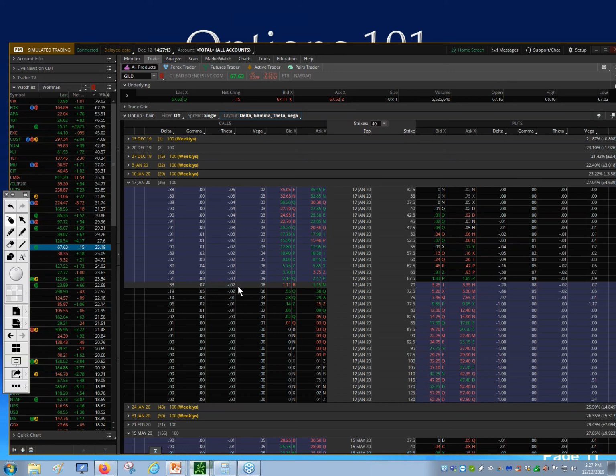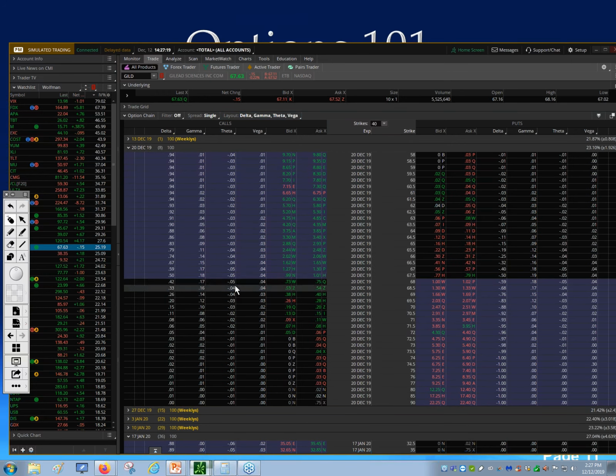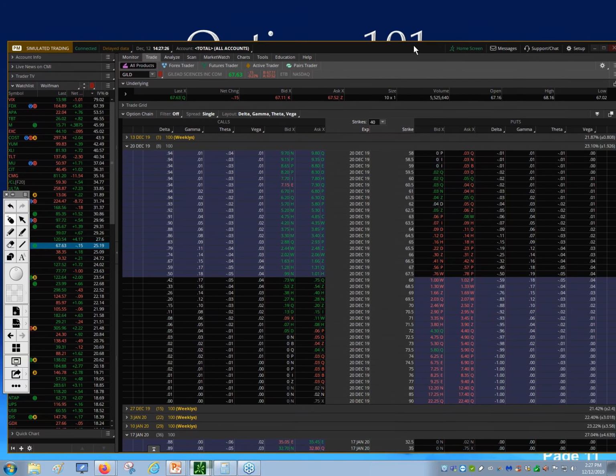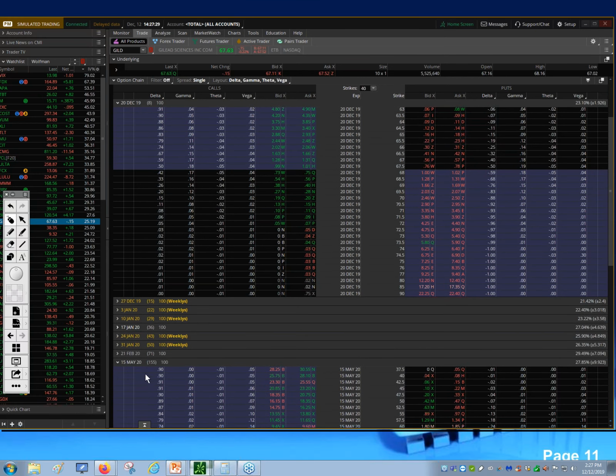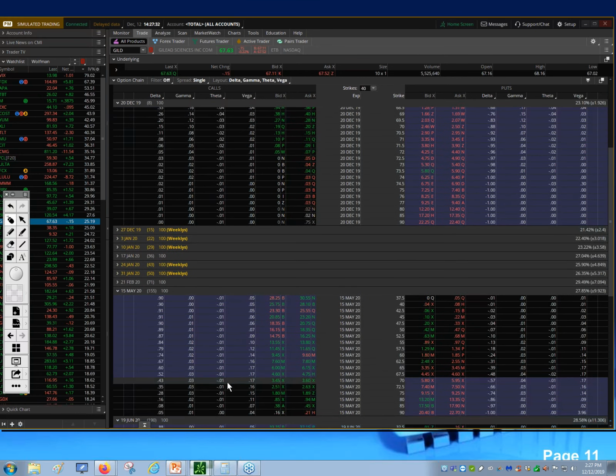Now, one thing to note about theta is it starts getting a little more aggressive the closer we get into expiration. You can see theta is now 5 cents. So think about theta as when it hasn't really found out about your options, when we're way out in time, we can see that theta isn't very aggressive.